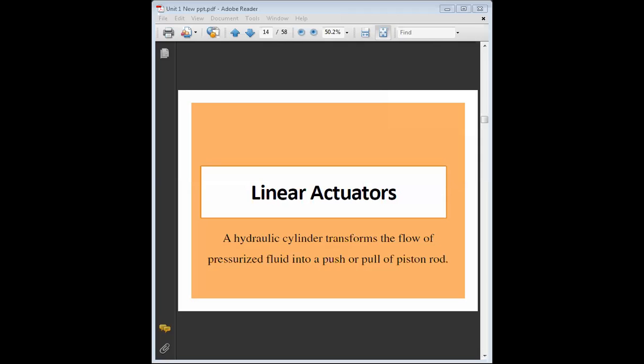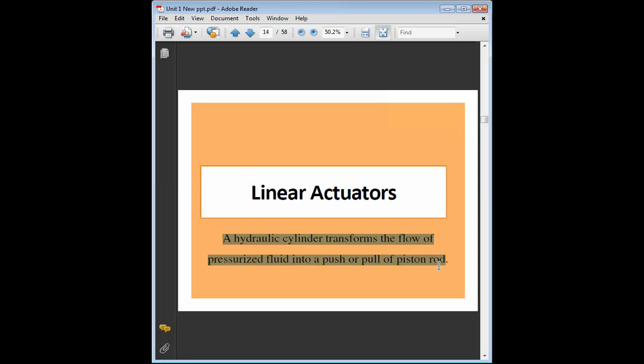This hydraulic cylinder transforms the flow of your pressurized fluid into the push or pull of your piston rod. Please look at the slide. Hydraulic cylinder transforms the flow of pressurized fluid, that means hydraulic energy, into a push or pull of the piston rod.